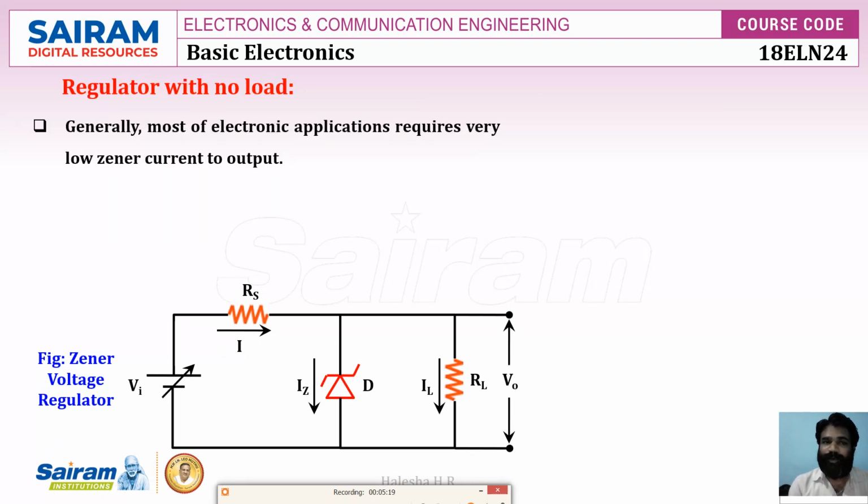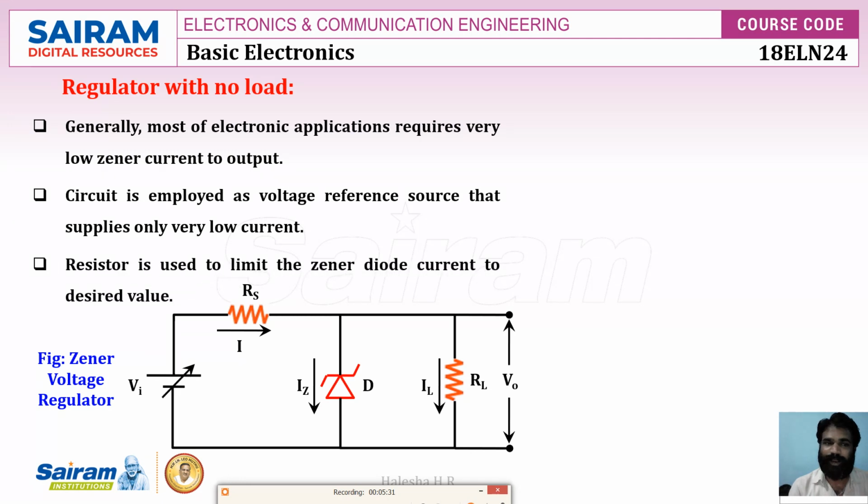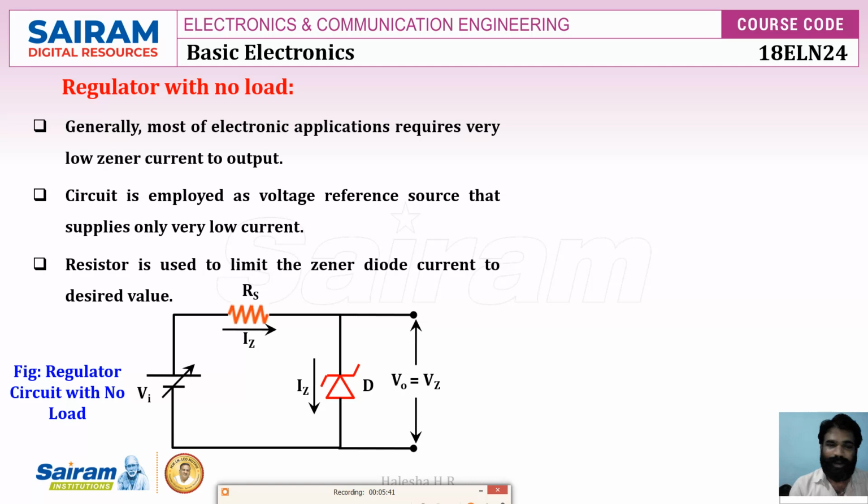Generally, most electronic applications require very low Zener current output. So the circuit implies a voltage reference source that supplies only very low current. The resistor is used to limit the Zener diode current to the desired value. Now let's see the regulator without a load. I mean we are not considering a load.